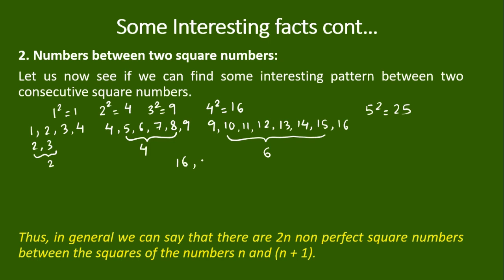So 16, 17, 18, 19, 20, 21, 22, 23, 24 and 25. So how many numbers do we have? 1, 2, 3, 4, 5, 6, 7, 8. So we have a total of 8 numbers.